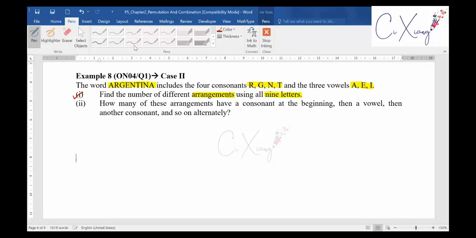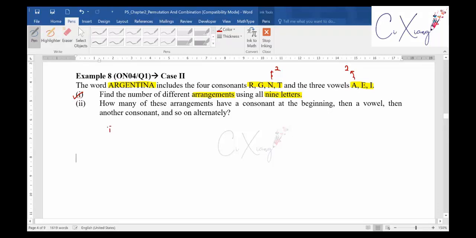From these 9 letters, I want to know first, is there any repeated letter or not? I think so, right? How many letter A do you have? You have 2 letter A. What else? I think you have 2 letter N, right? That's all. So 2 letter N and also 2 letter A. The rest are all 1.